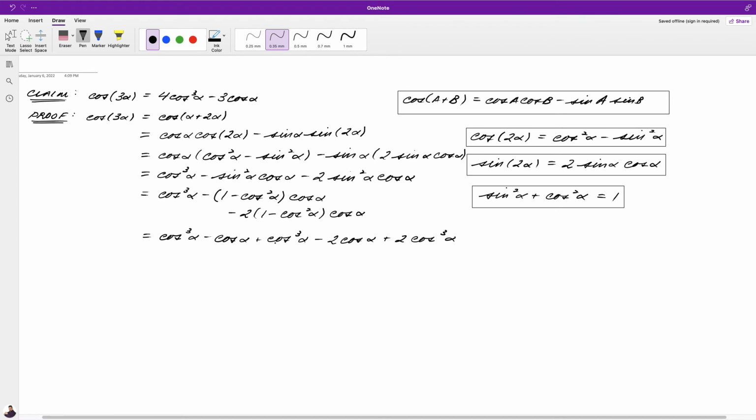Cosine cubed alpha plus cosine cubed alpha plus 2 cosine cubed alpha is going to give us 4 cosine cubed alpha. And then negative cosine alpha minus 2 cosine alpha is going to give us minus 3 cosine alpha. There we go.